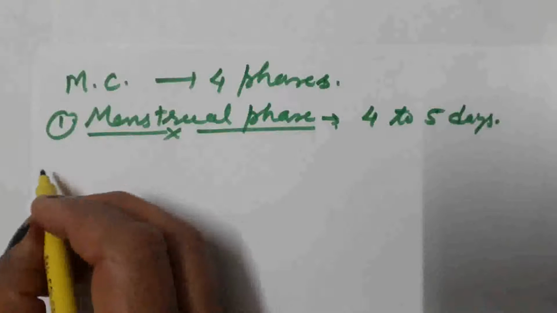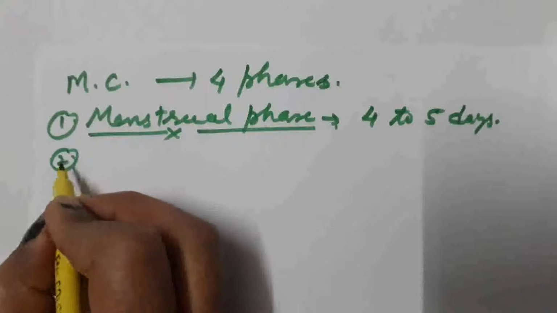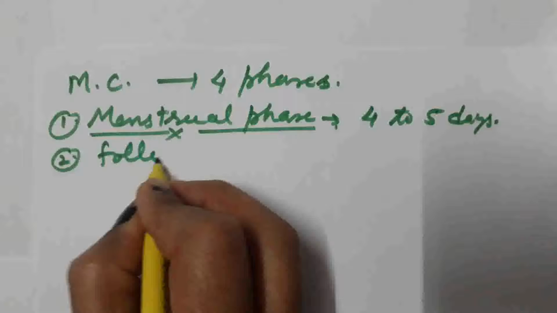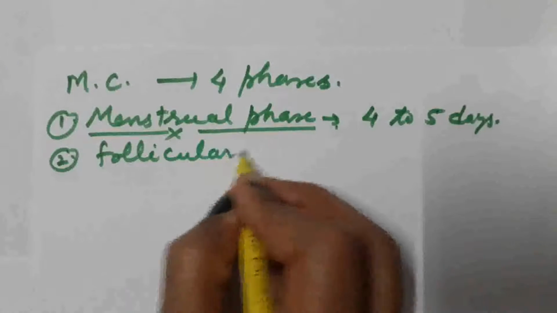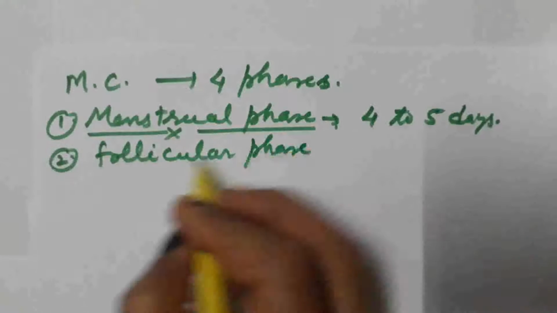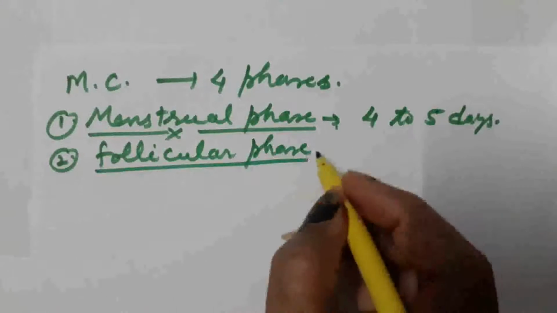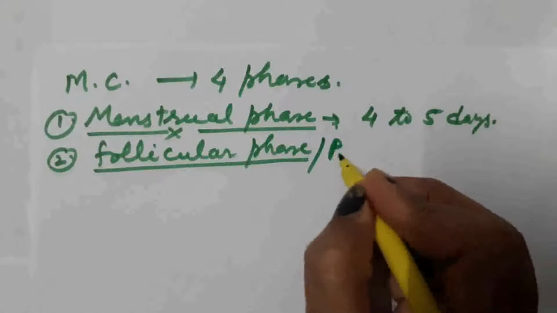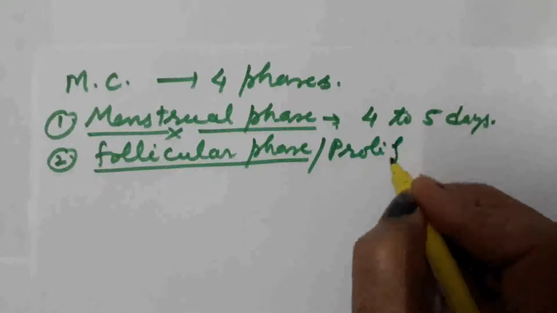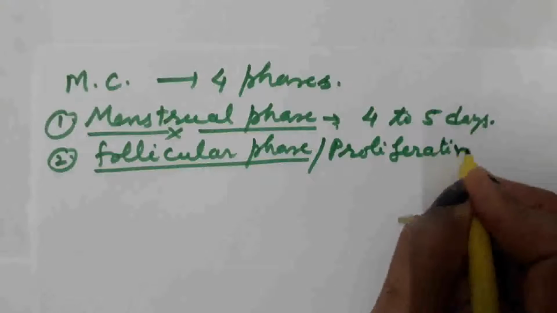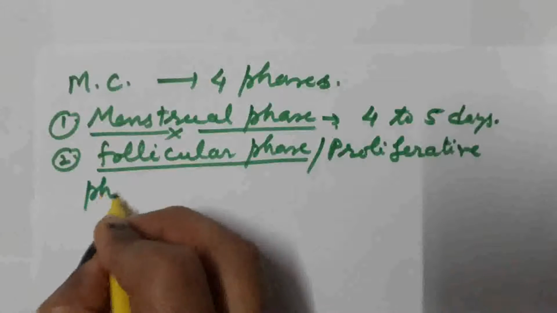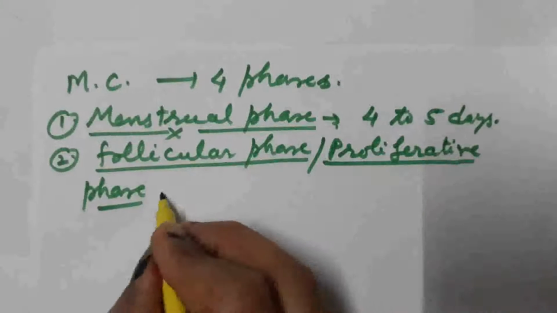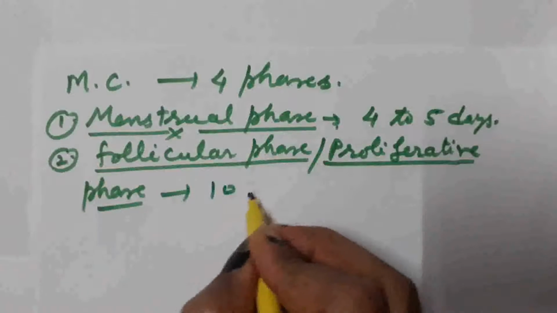Second phase is the follicular phase. We also call it the proliferative phase, and it is about 10 to 12 days.